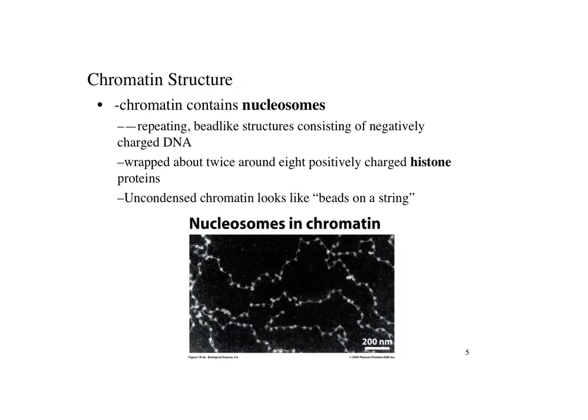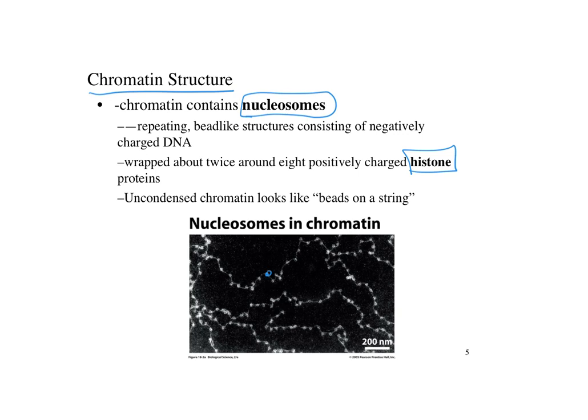Chromatin structure. It contains nucleosomes. They are bead-like structures of histone proteins that the DNA wraps around. If you look at it under a microscope, it looks like beads on a string.